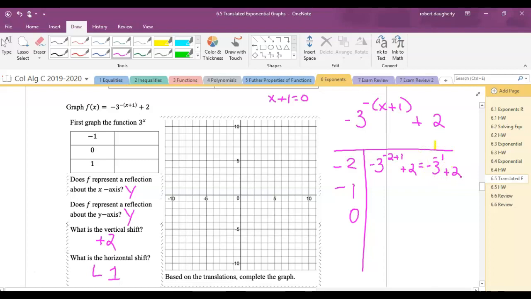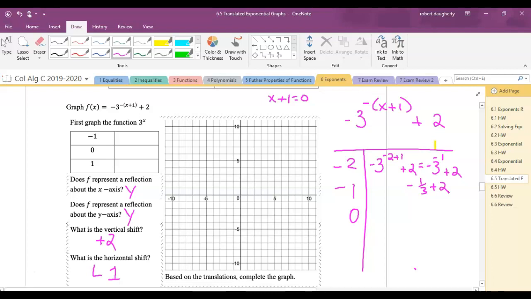No. 3 to the negative 1. 1/3. Okay. So this becomes negative 1/3 plus 2. What's 2 minus 1/3? 2 minus 1/3 is 1 2/3.